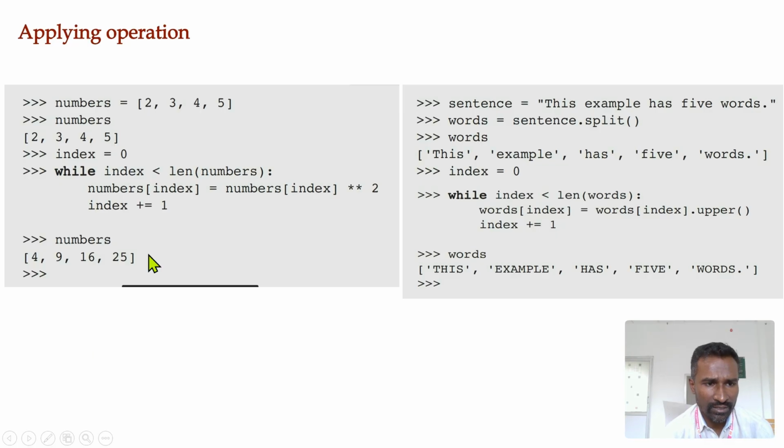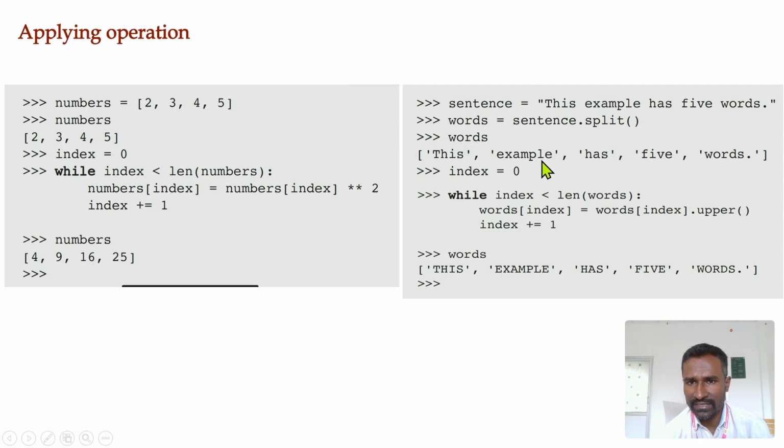What operation is performed here? Index 0 is less than the length of the list, 4, so the condition is true and it enters the while loop. At the 0th position, the number is multiplied by 2, and so on, up to 4 operations based on the while loop condition. Automatically it comes out of the while loop when the condition is false.